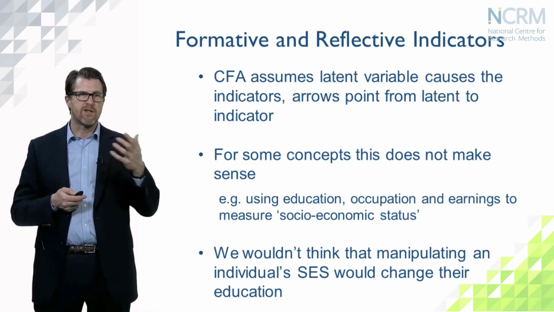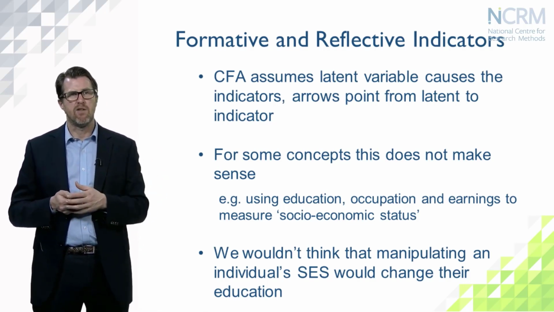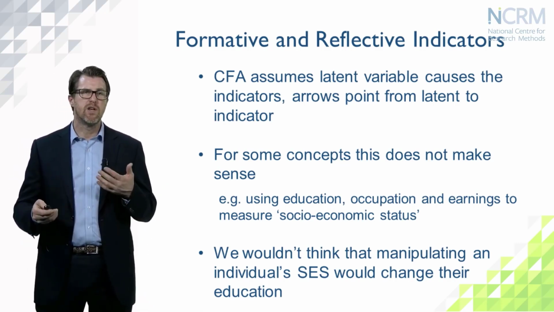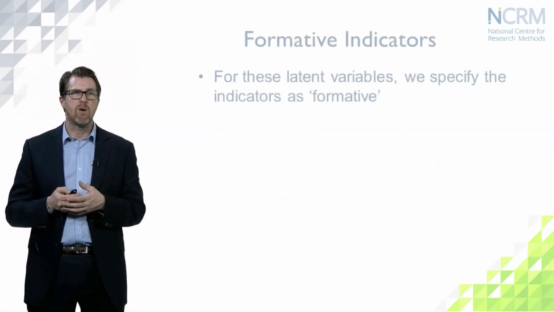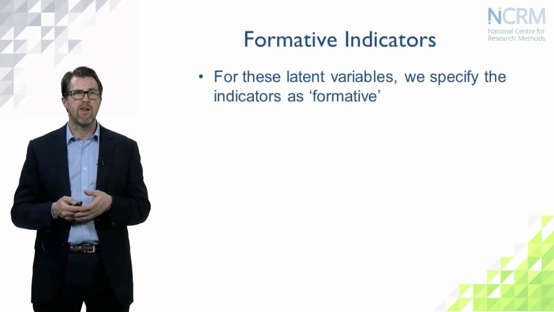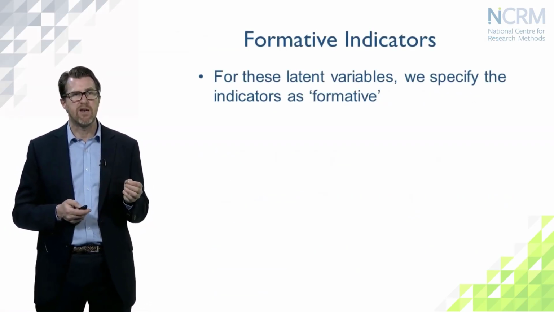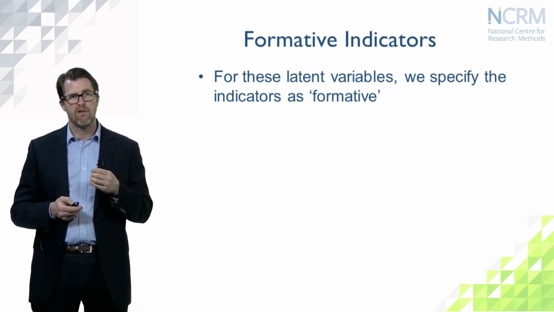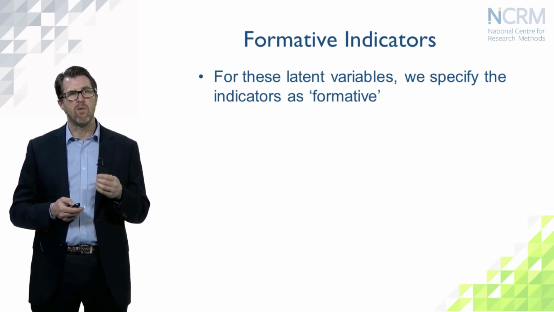For some concepts that makes sense, for others it doesn't. And in the case where it doesn't make sense, we would essentially turn the arrows round and make the arrows point from the indicators to the latent variable. In this context, we've now got what we call formative indicators rather than reflective indicators.